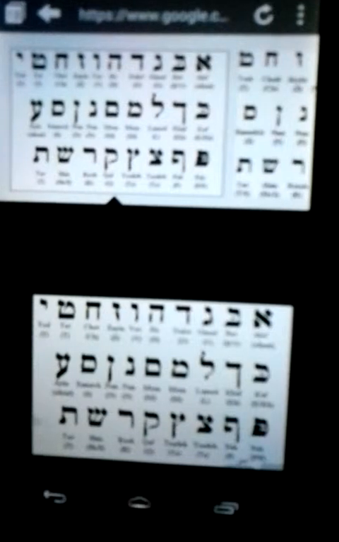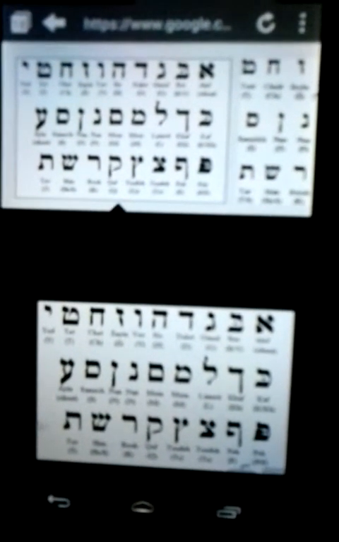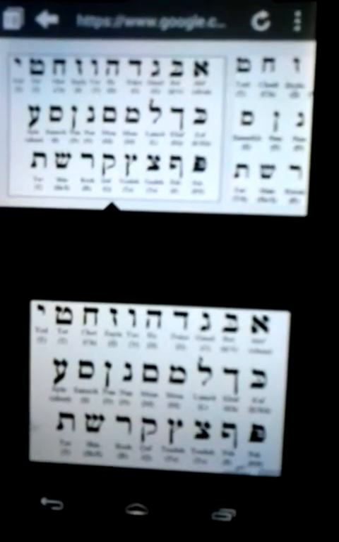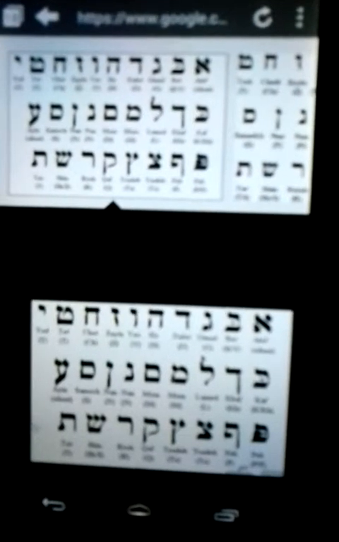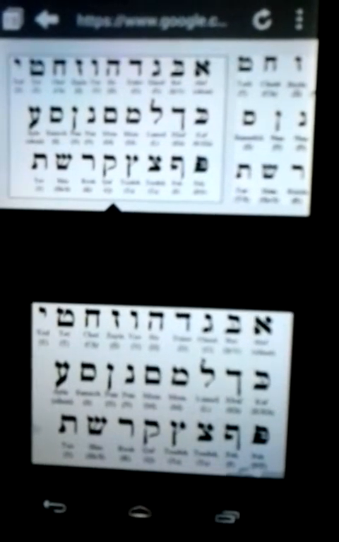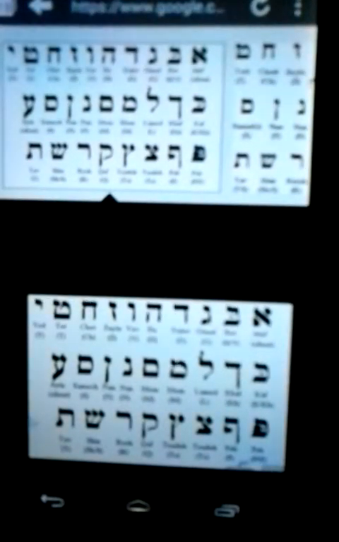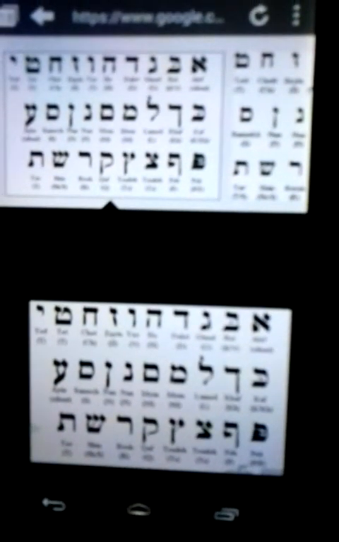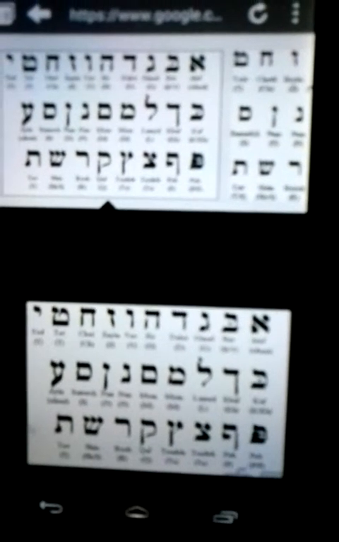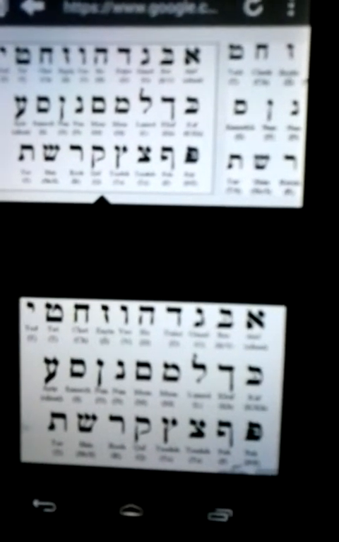Just like the letters in the alphabet in Hebrew, they read from right to left. But clearly, the grace of God takes it from left to right.